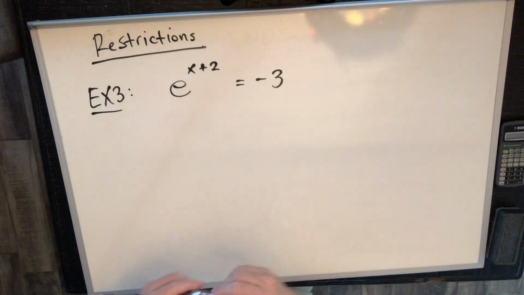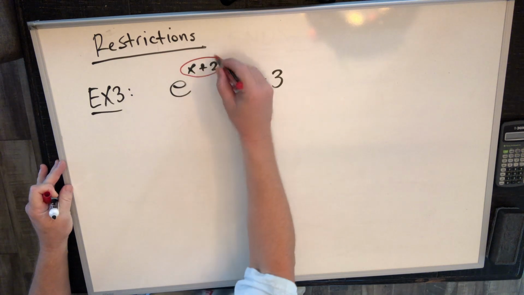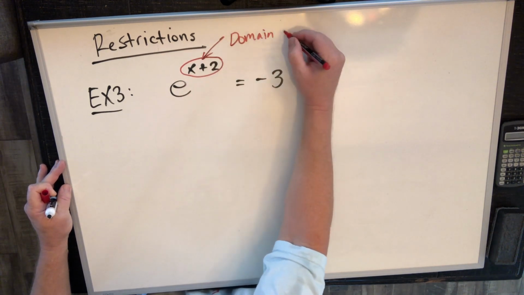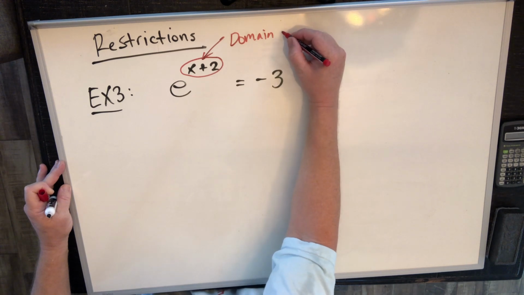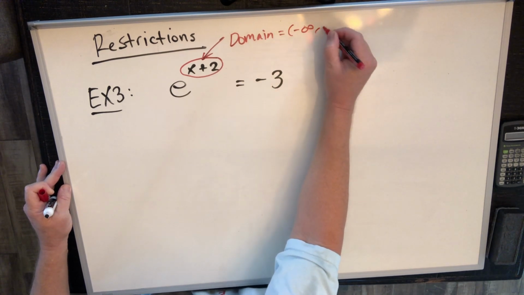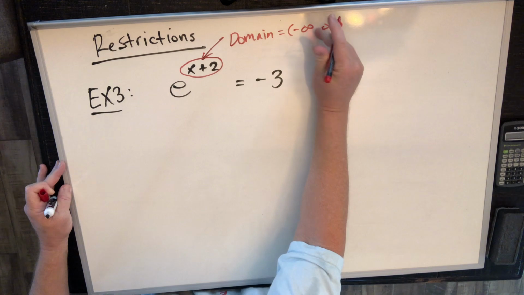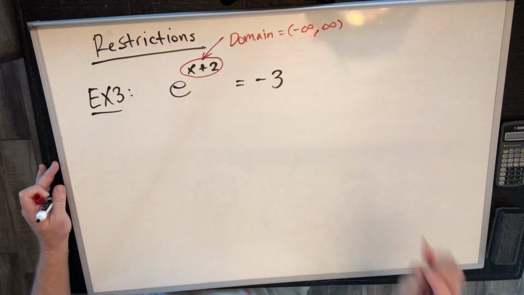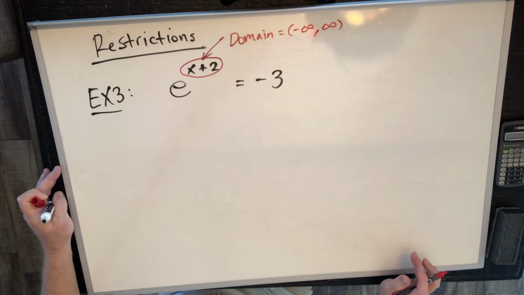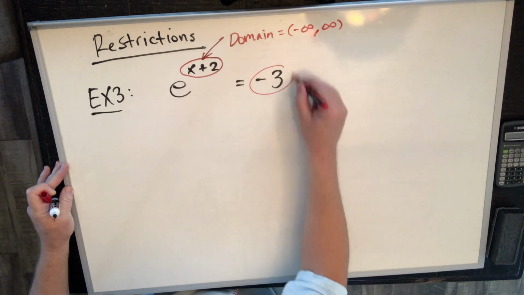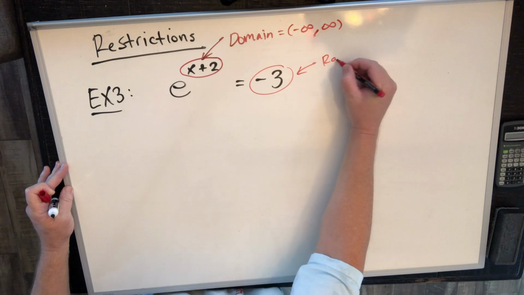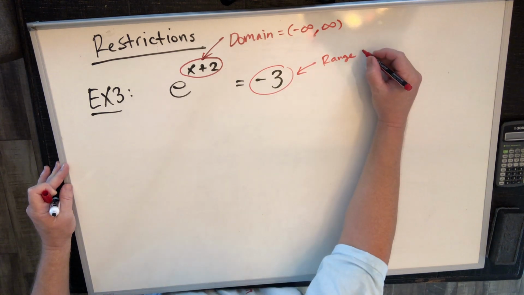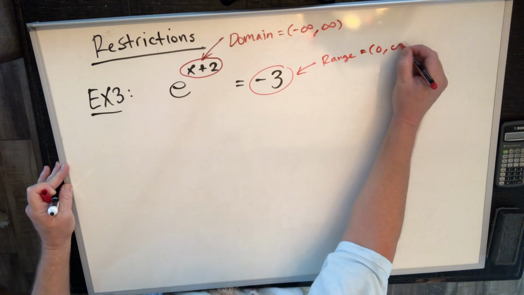So remember, an exponential function, the domain, that's the x values, is all real numbers. So there are no restrictions on what x can be. All right. X can be anything. However, the range, it's the right-hand side. This is basically acting like y. The range is 0 to infinity.